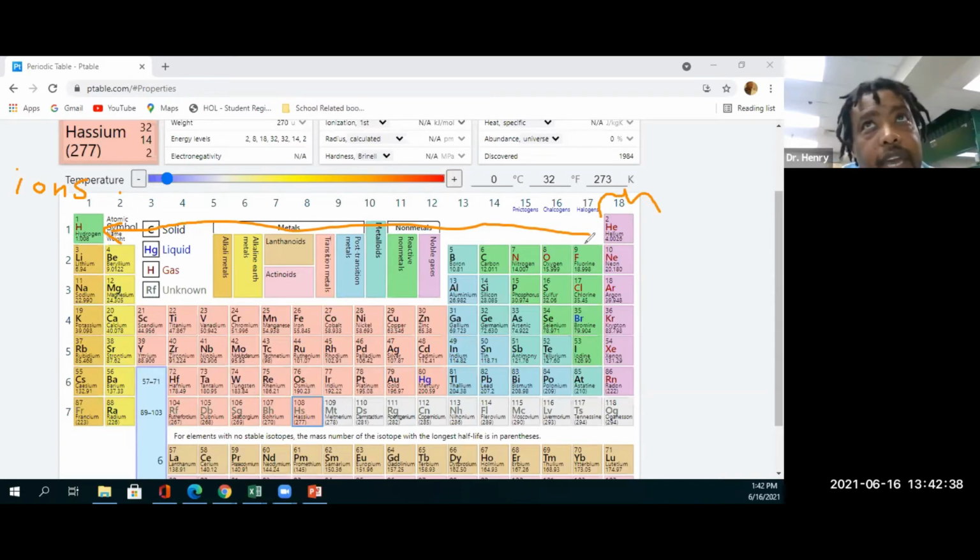So for instance, we have fluorine here. Fluorine wants to be like neon because neon is the nearest noble gas. So for it to be like neon, how many electrons would fluorine need to gain?